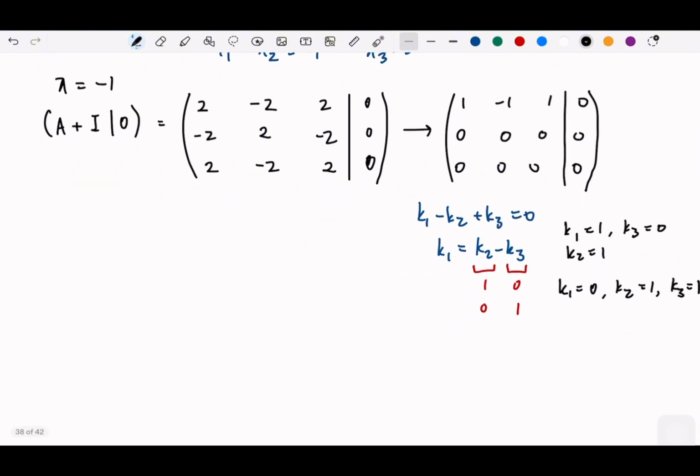Based on that, we have k1, which is 1 1 0, and k2 is 0 1 1. You could also write k1 as 0 1 1 or k2 as 1 1 0. That's okay, no problem.